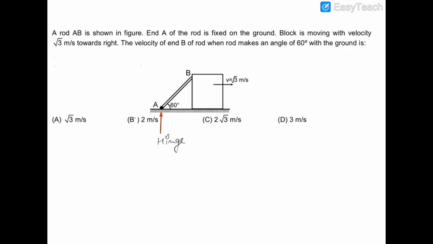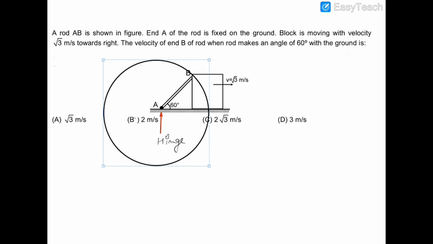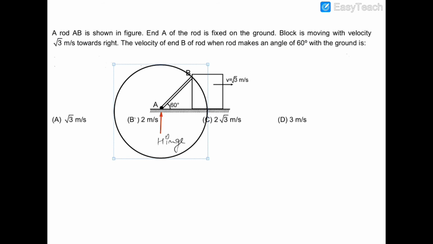Now to start this problem, we have to identify the fact that this rod will be moving in a circle whose center will be the hinge point. So this will be the circle, and its center will be the hinge point.